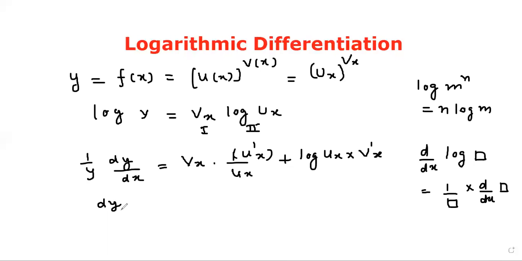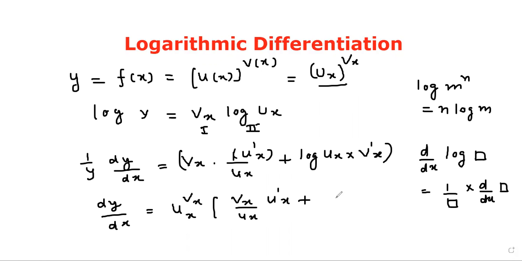Now dy by dx equal to y times this thing, but y is the question itself. So we write it here, u(x) power v(x) times v(x) upon u(x) times u dash x plus log u(x) times v dash x.